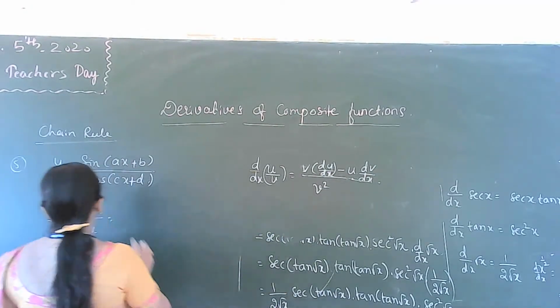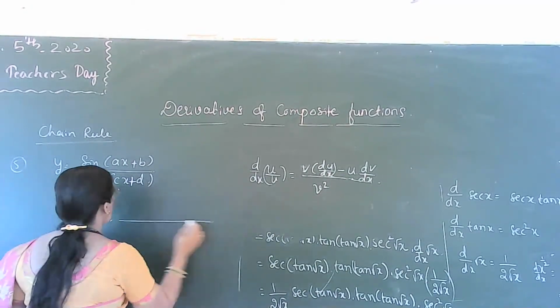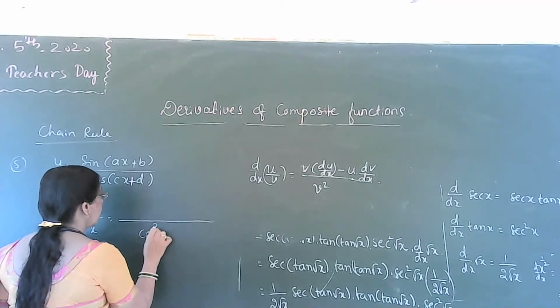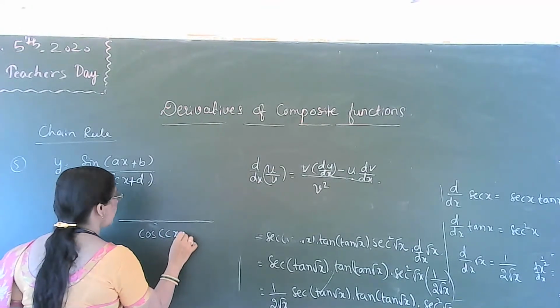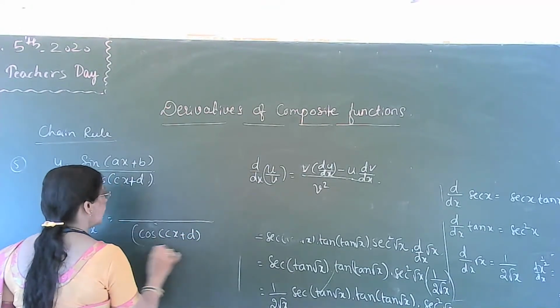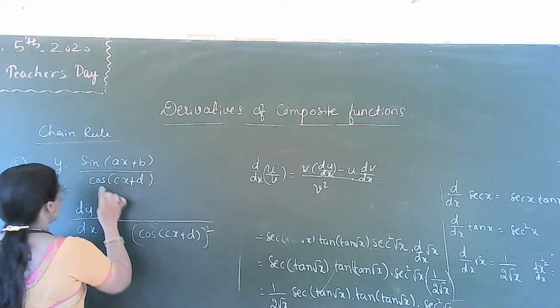Once again, we recall the rational function rule. Here it is minus. Here v is equal to cos of cx plus d, and the denominator is cos square of cx plus d, the whole square.